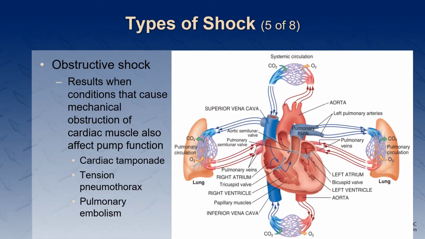So obstructive shock is super easy, right? You either get, let's say somebody's got a big blood clot in their calf because they're taking estrogen pills, they sat on an airplane for 12 hours, didn't move, got up and tried to go for a jog or something, broke a big hunk off the clot in their leg.